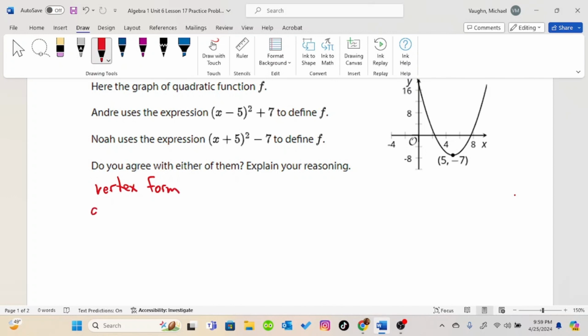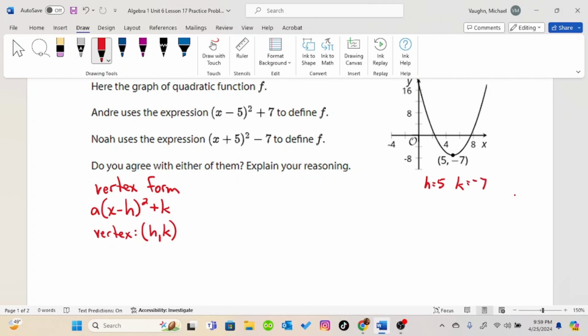And vertex form is a times x minus h squared plus k, where the vertex is at the point h, k. So looking at this, we know that h equals 5 and k equals negative 7.